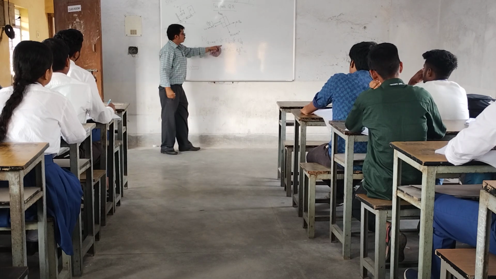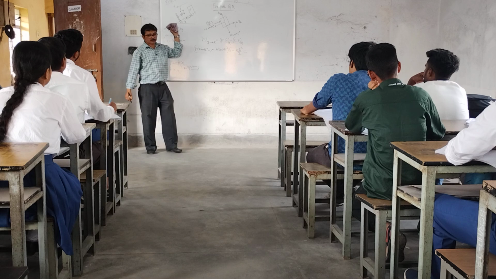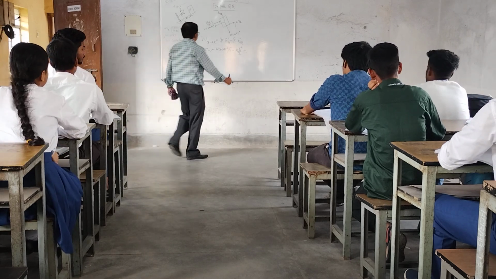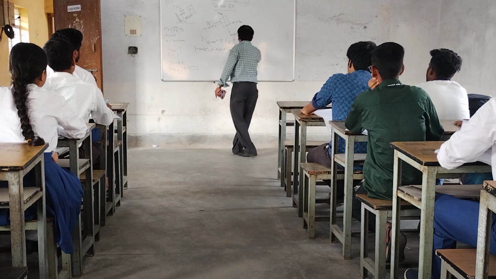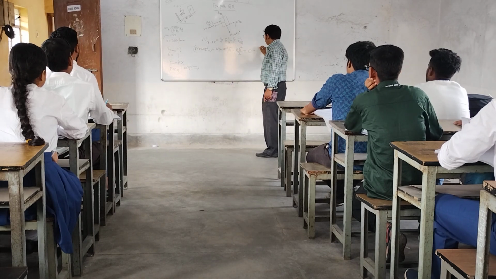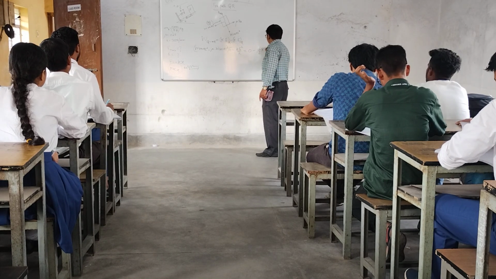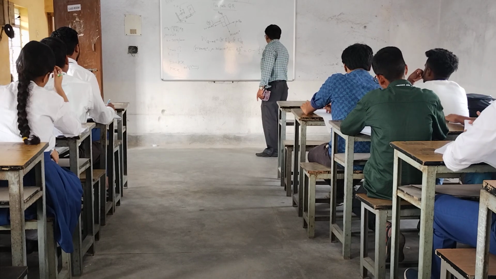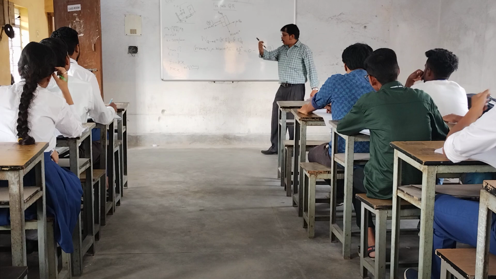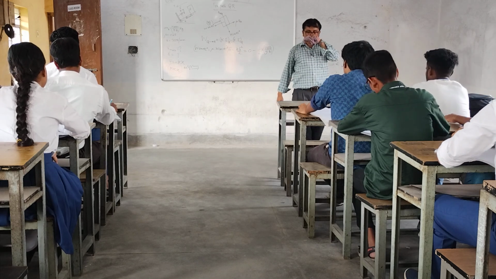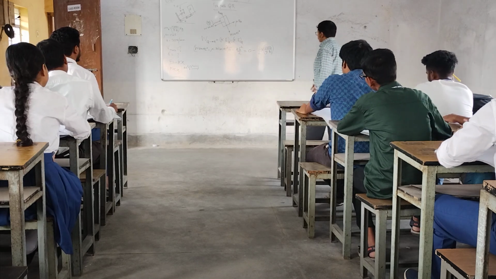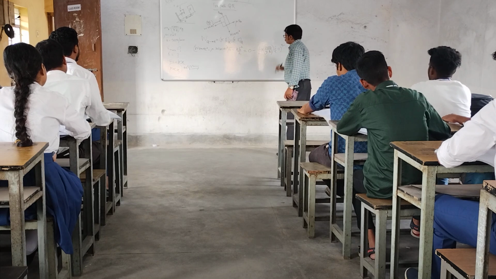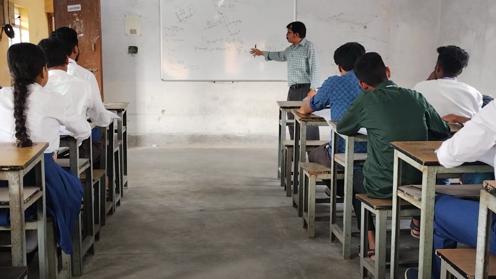This equals the final kinetic energy, which is 0, minus the kinetic energy at Q, which you have already got as half into 5000 by 9.81 into the velocity squared.